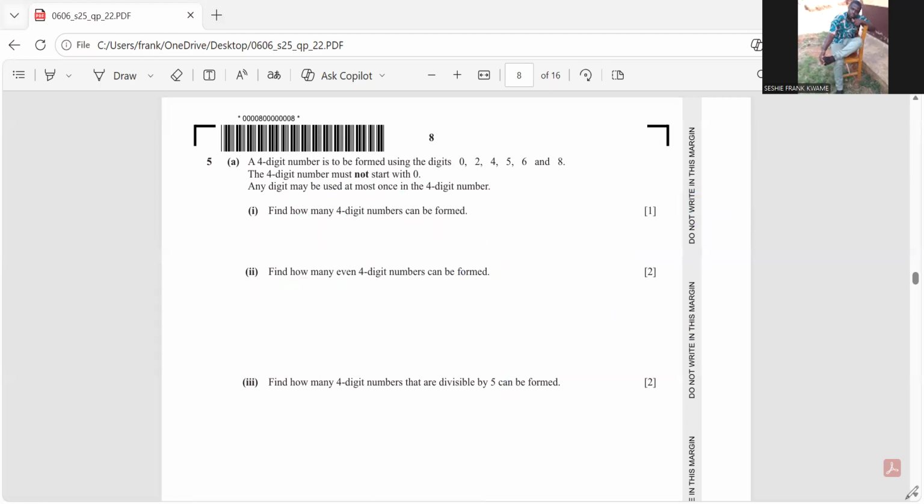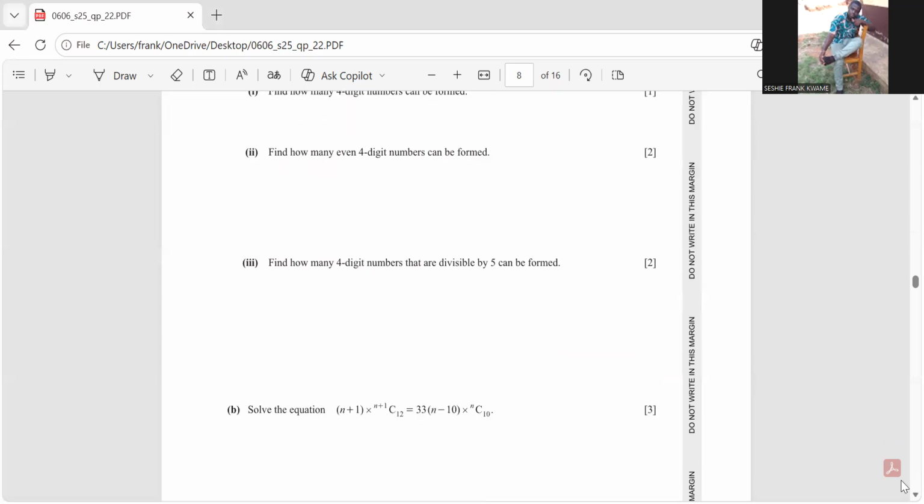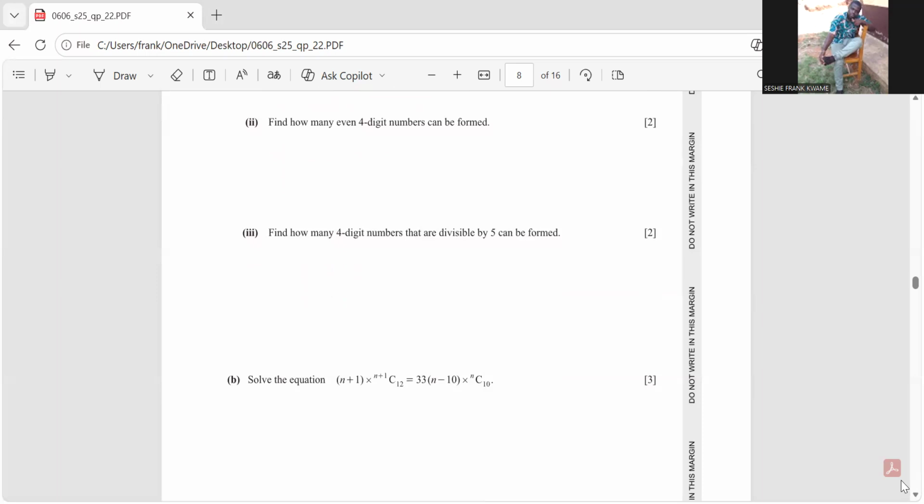The third one, we are looking at how many 4-digit numbers that are divisible by 5 can be formed. So divisible by 5, last digits can be 0 or 5. 1, 2, 3. This is 0, so that's 1 option for the 0. So we have 5 numbers to choose from. 0 is gone, meaning 4, 3.